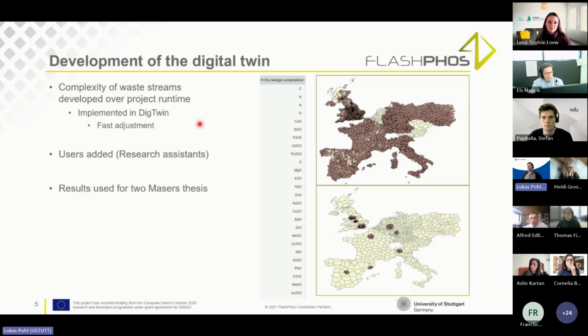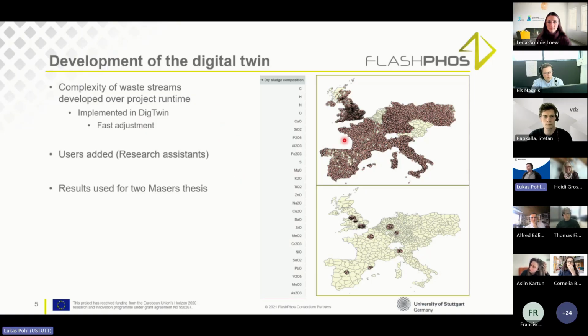And what was very nice was the fast implementation by InsPyro. It was flexible overall, and communication was very good. So we could always add users like research assistants, and we got master theses out of it. There was one master thesis identifying the additives that are very beneficial for the FlashPhos process.